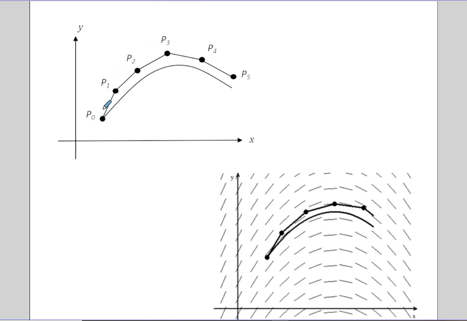So let's say, for example, if we just start out right here, if we know this point, we can find the slope of the tangent line. And I'm just going to review the procedure here. So we want to find the slope of the tangent line. And then we can go to the second point using that slope.